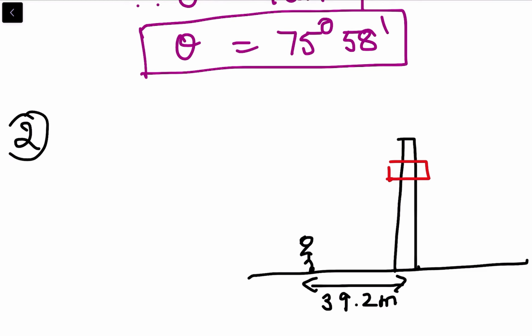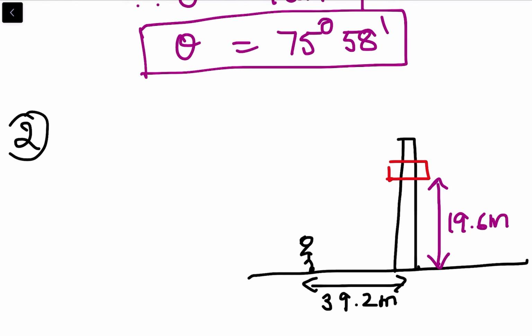The height of the window is 19.6 meters.